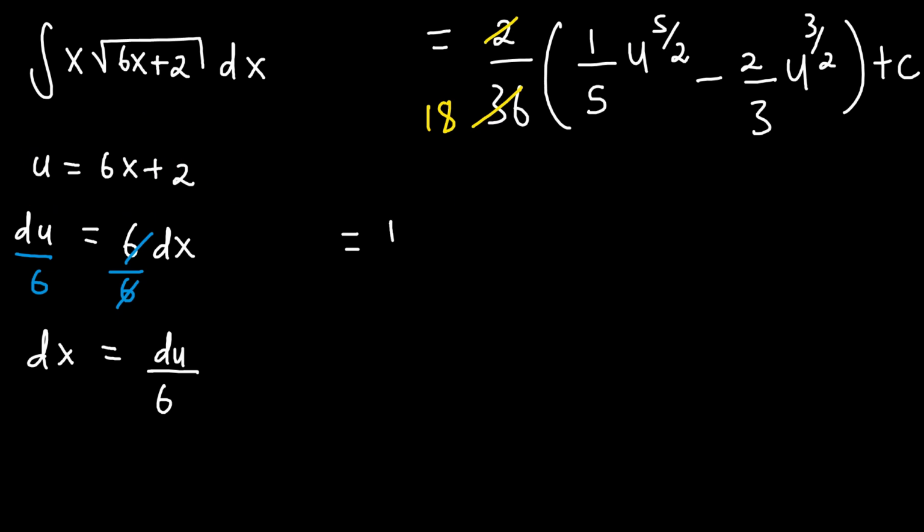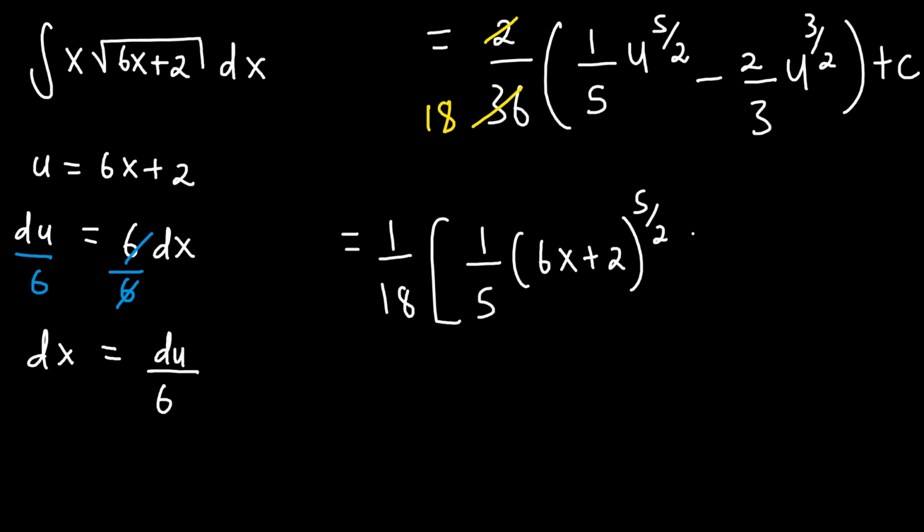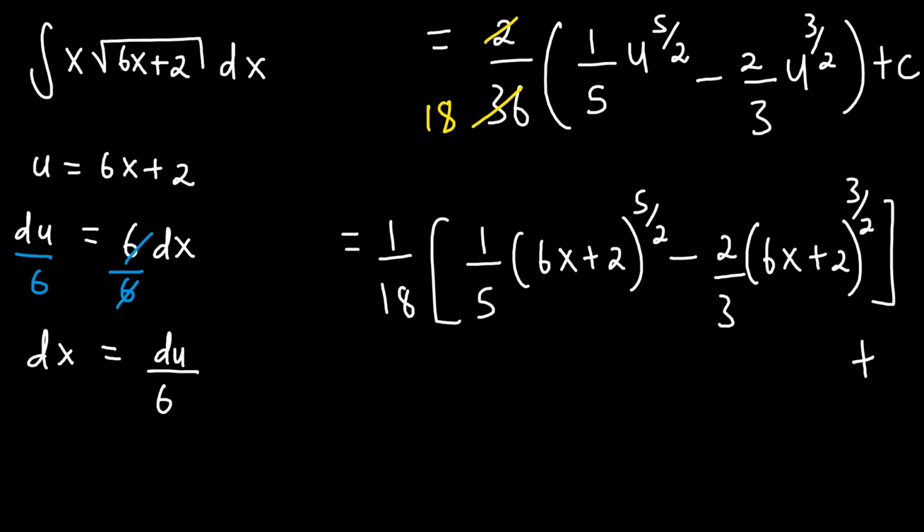So this will be 1 divided by 18 into 1 divided by 5 times 6x plus 2 raised to the power of 5 over 2 minus 2 divided by 3 times 6x plus 2 raised to the power of 3 over 2 and then plus c. And that's our answer.